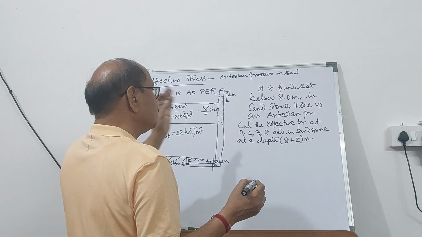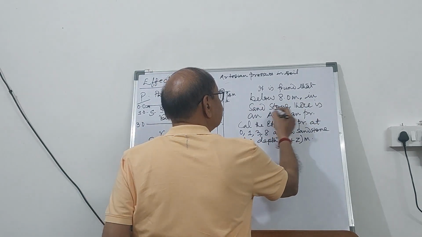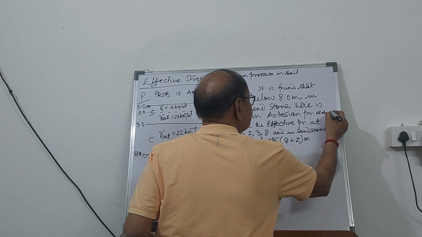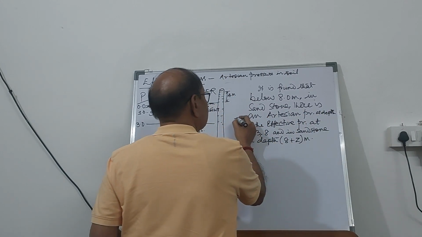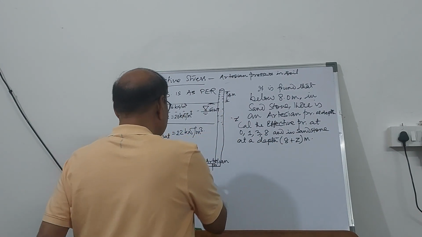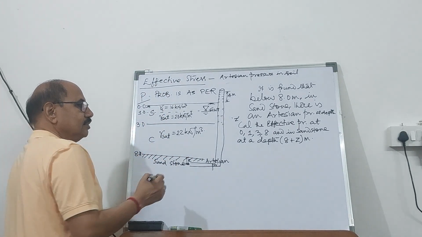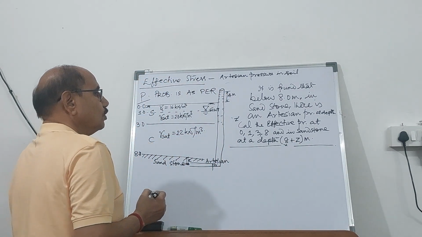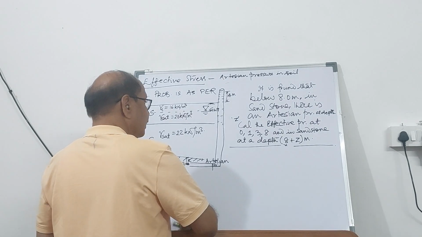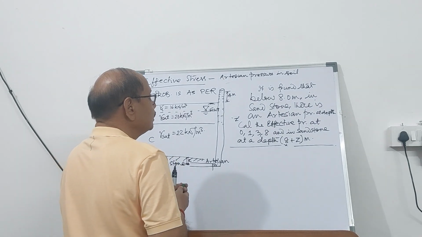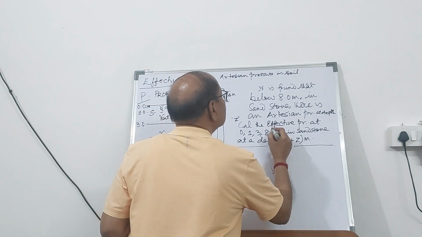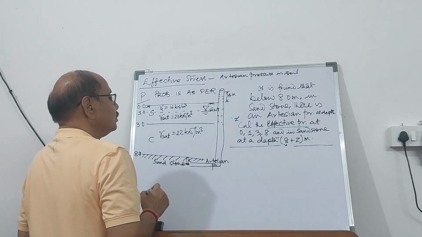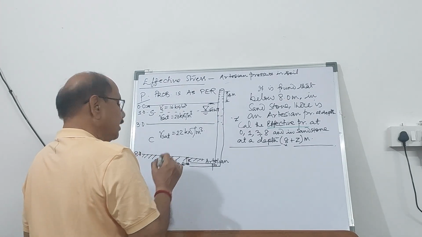So it is found that below 8 meters in sandstone there is an Artesian pressure at depth z, as shown in the figure. This is the depth z. This is the whole problem, and what we need to calculate is clearly defined: the effective stress.